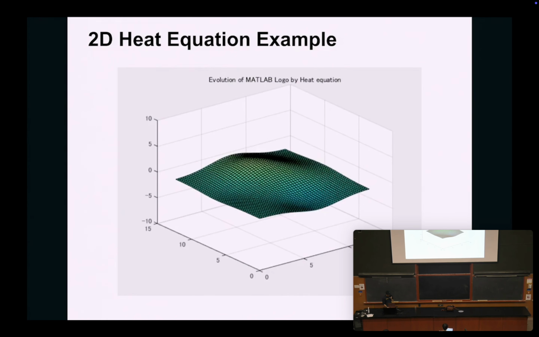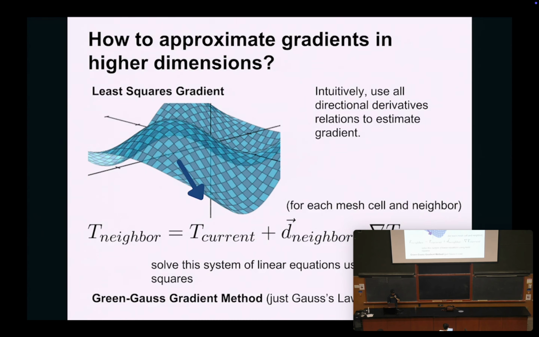The only difference now is we have to change our way of calculating the gradients. There are a couple of methods to do this. I didn't want to put a ton of math on the slides because I feel like that's not great.